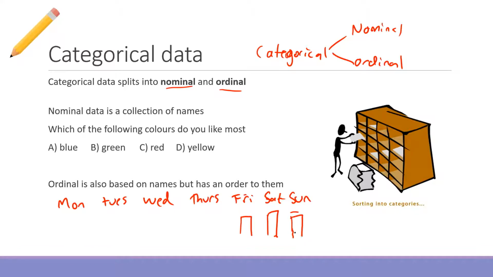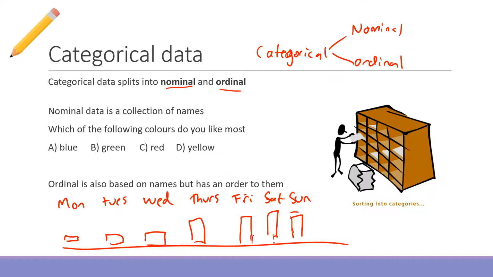And you would probably expect very few to say Monday, and you'd probably expect something like this as a graph. And that's because, and this is the power of ordinal data, the order gives an understanding of what is going on.